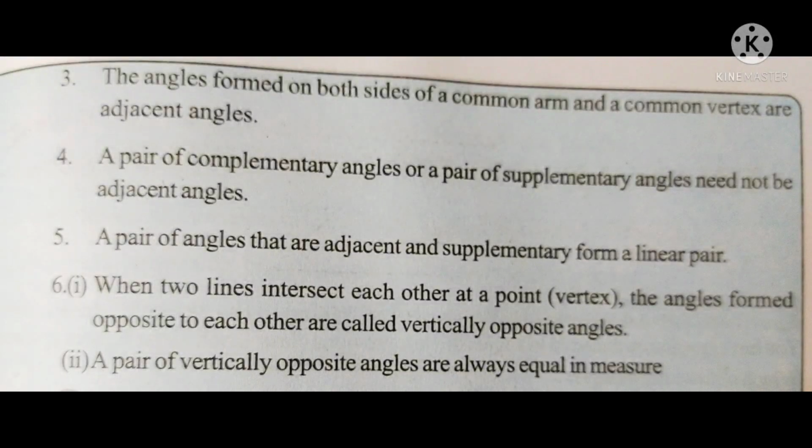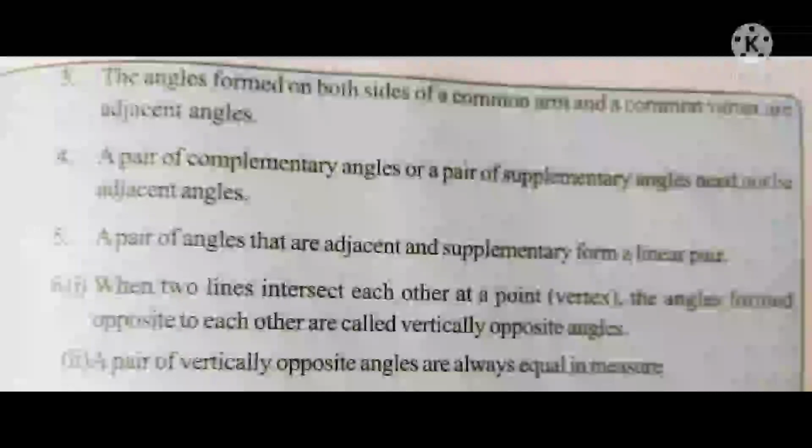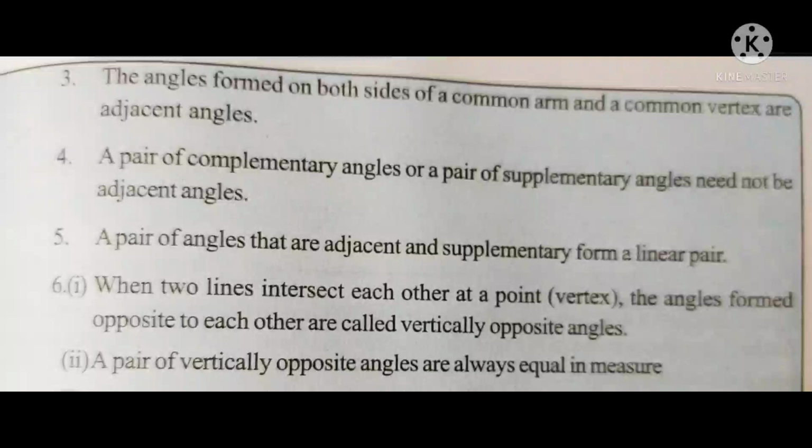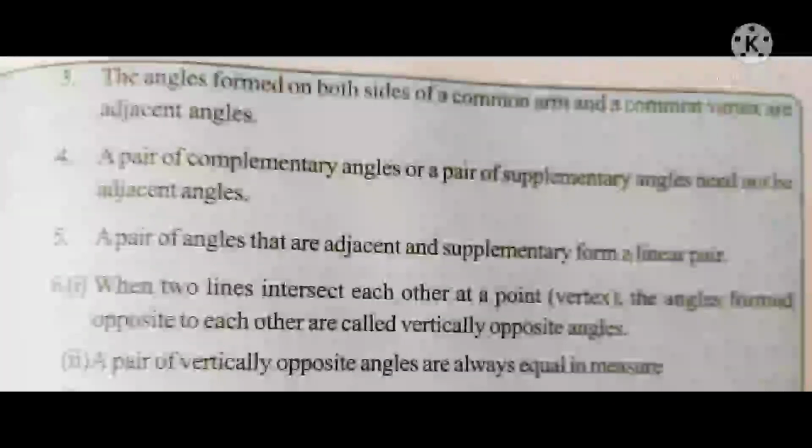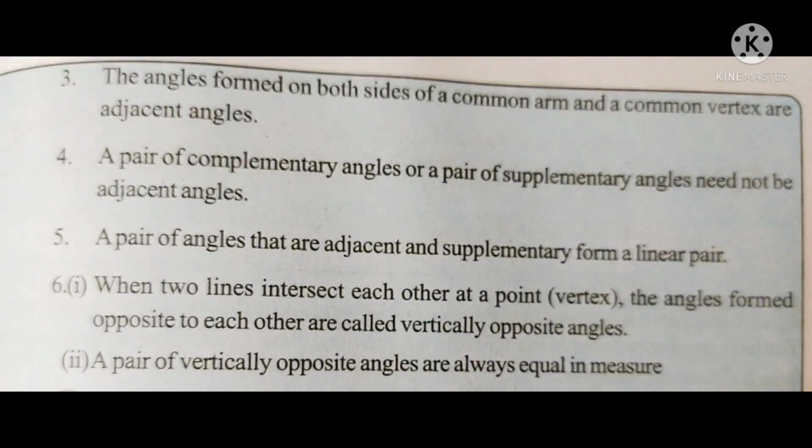Sixth point: when two lines intersect each other at a point, the angles formed opposite to each other are called vertically opposite angles. A pair of vertically opposite angles are always equal in measure.